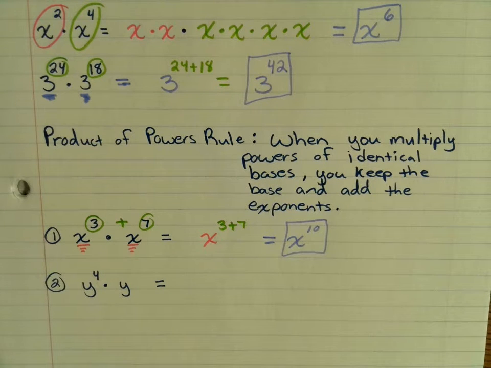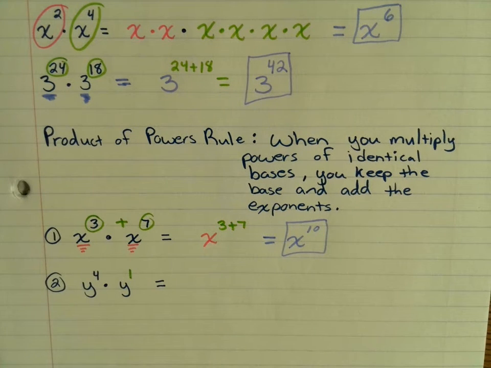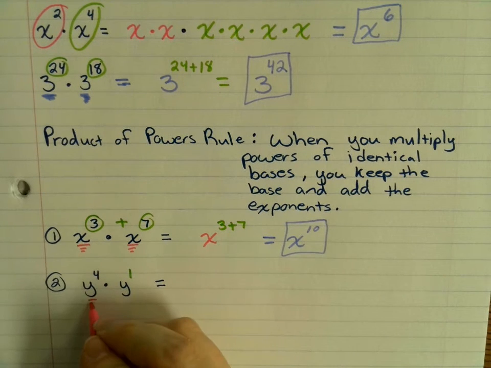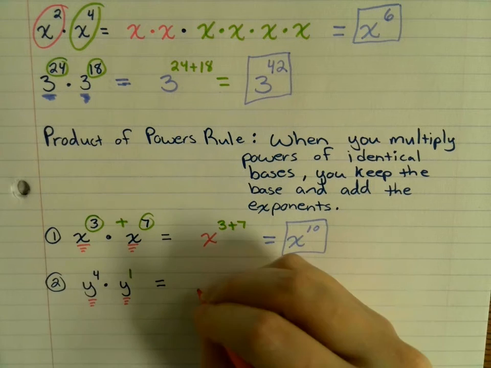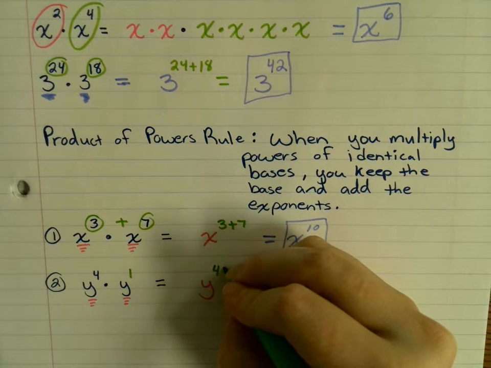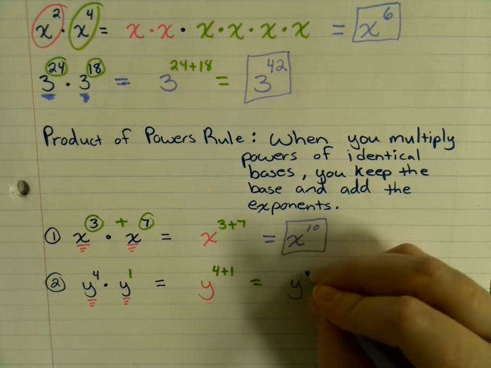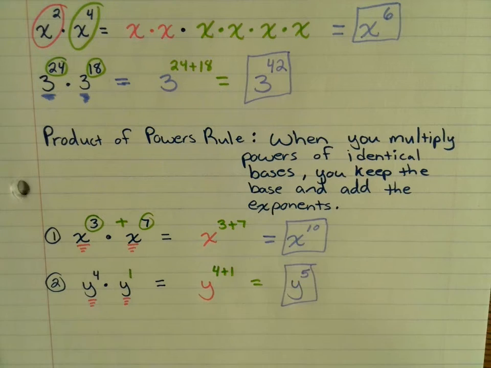So whenever you see a problem that doesn't have an exponent written, get into the habit of putting a 1 there, so that way you know it exists. Okay? So again, the bases are the same, so we keep the base, and then we're just going to add the exponents. So 4 plus 1, and that's going to give us y to the 5th power. Y to the 5th.